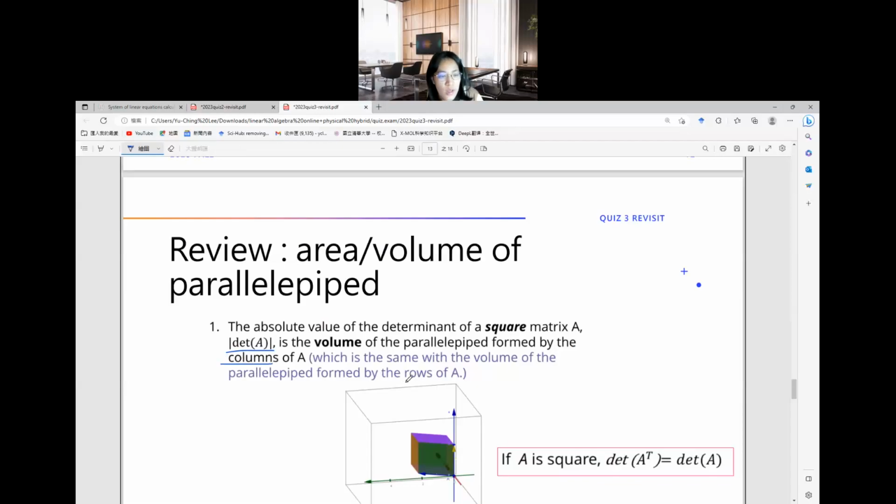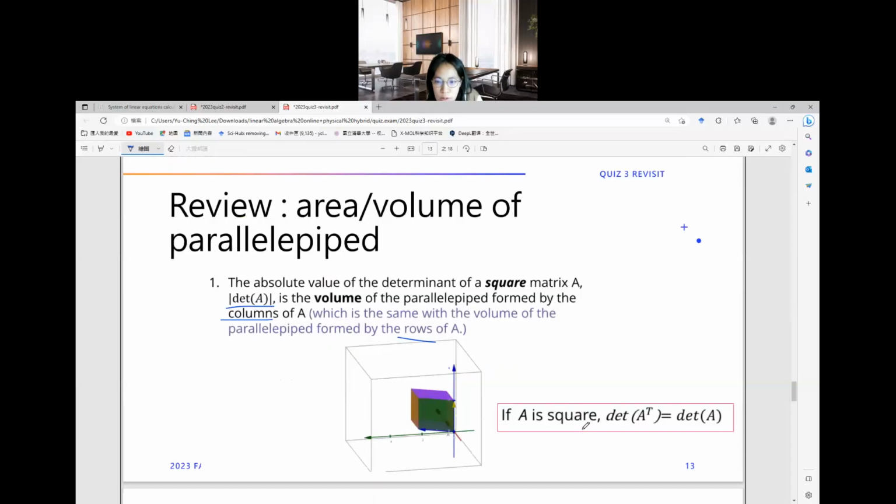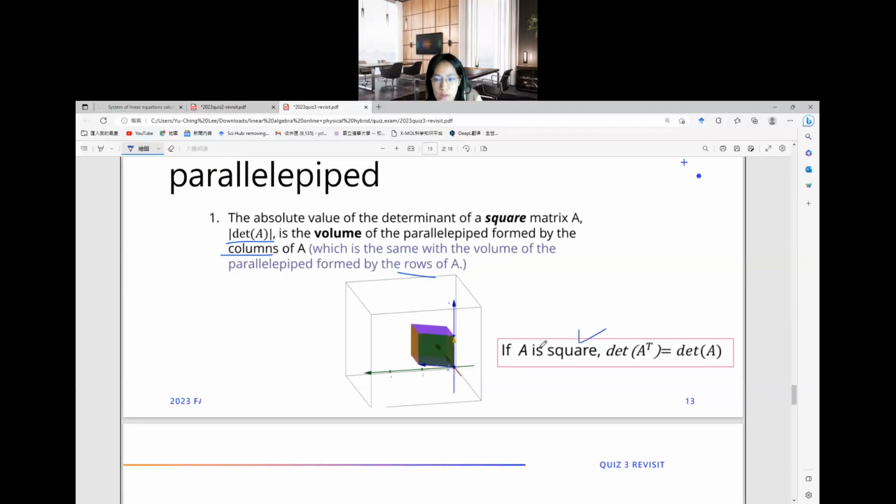How can I exchange the columns and the rows? That is because of this property. If A is a square matrix, then the determinant of A transpose will actually be the same as the determinant of A. So it doesn't matter whether we use the columns or the rows of a matrix to compute the area or volume of such a parallelepiped.